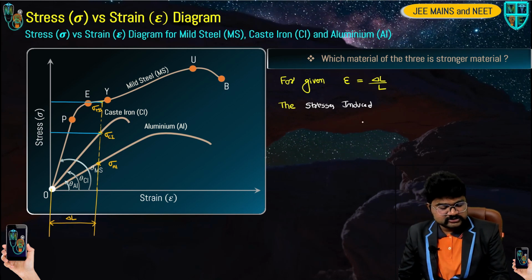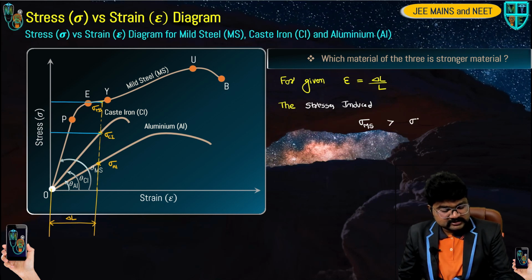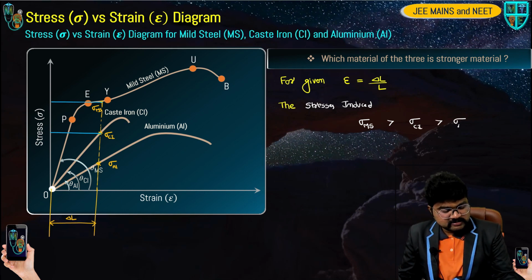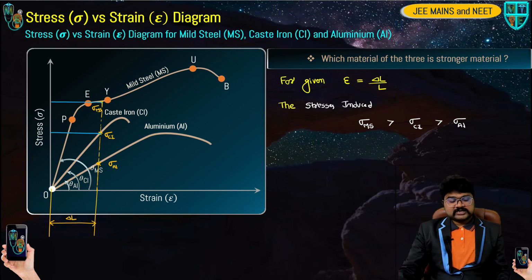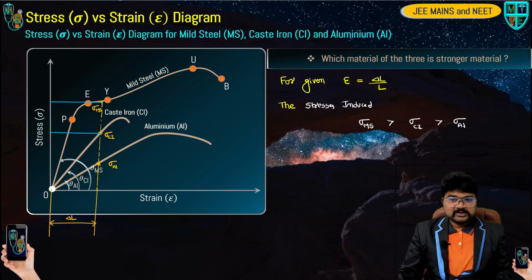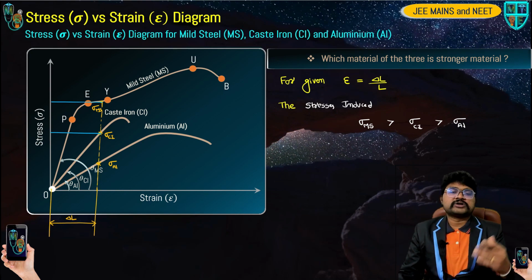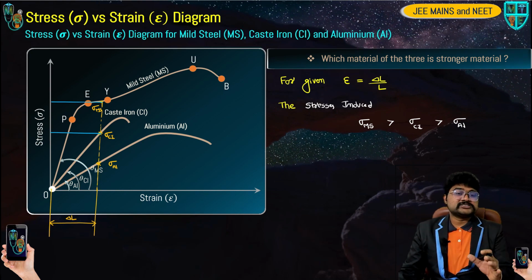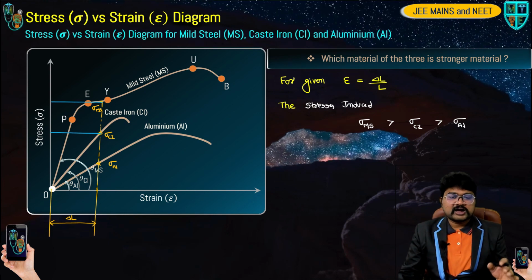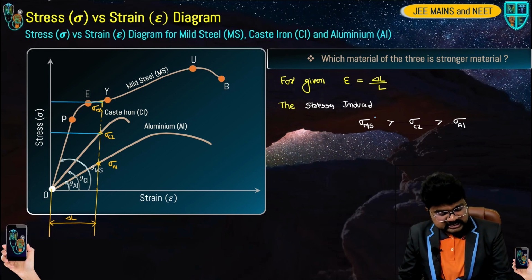What are the stresses induced? Sigma mild steel will be greater than sigma cast iron, which is greater than sigma aluminum. More stress is induced in the mild steel, and it is able to withstand that much stress without any failure. That is why mild steel is stronger than cast iron and aluminum. So from that you can easily give this statement.